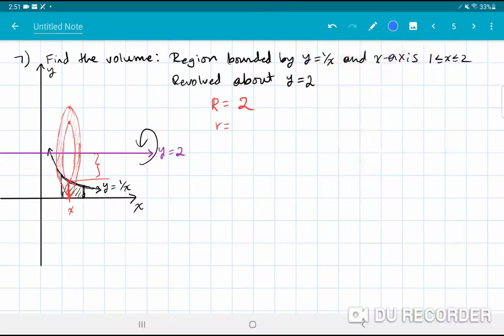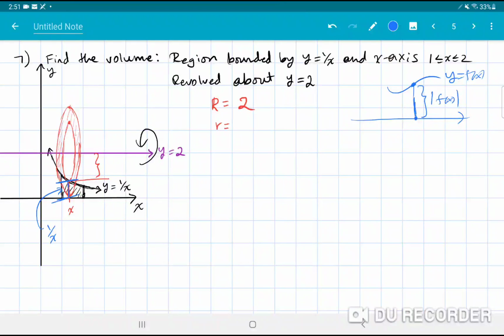Well, one thing we know is from this point to this point, meaning this segment, has a distance of 1 over x. You need to remember, if you have your x-axis and you have the graph, the distance from the x-axis up to the point of the graph is the absolute value of f of x.